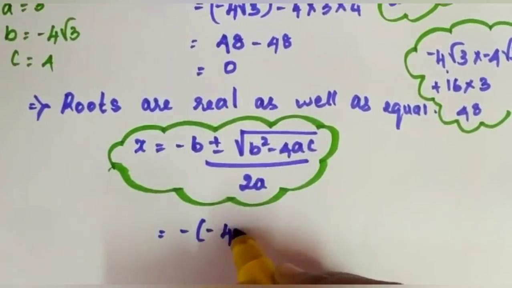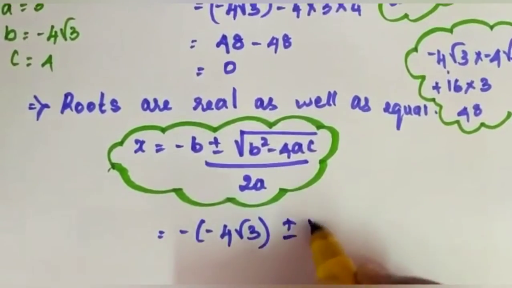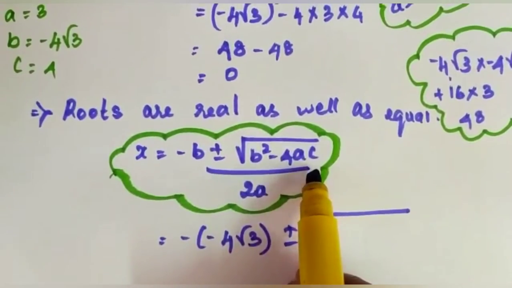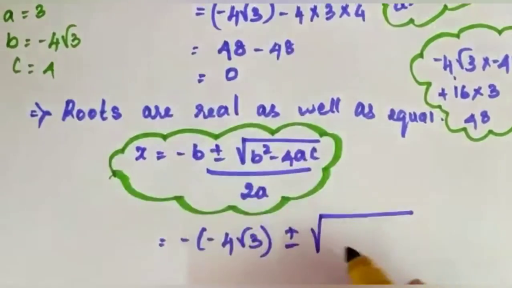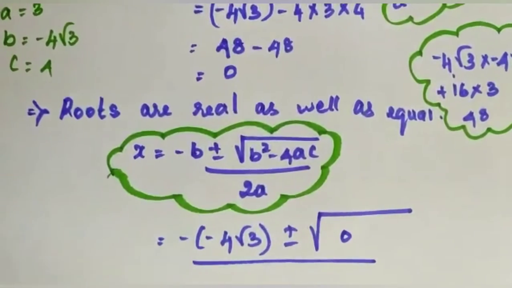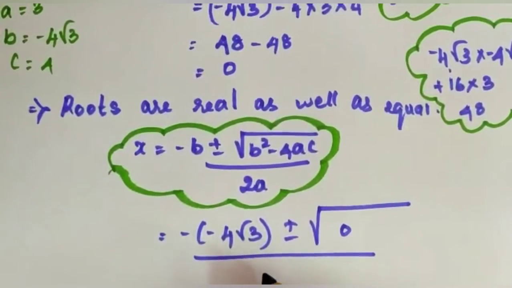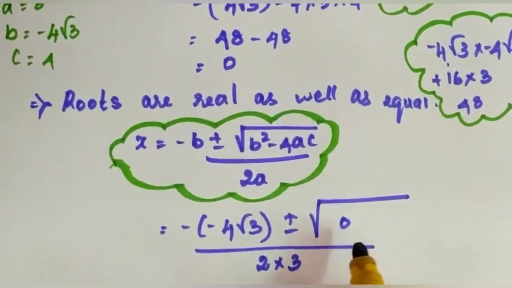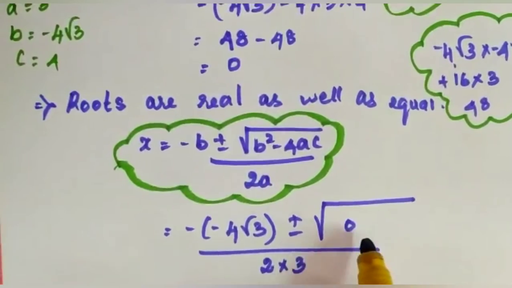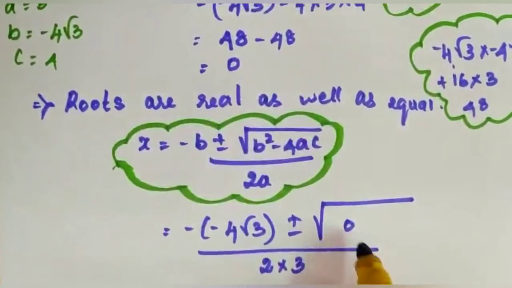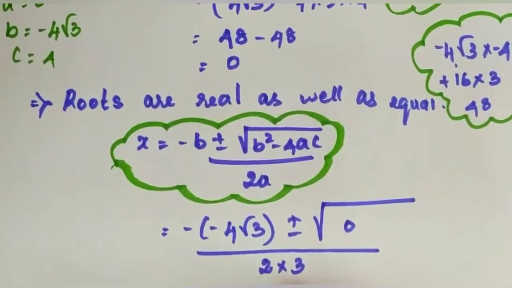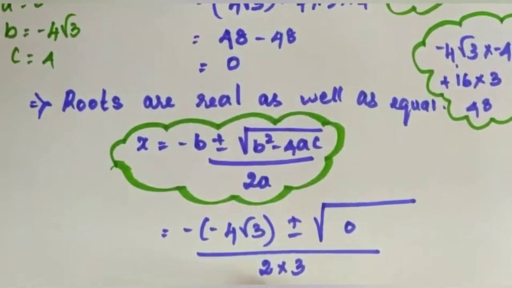Minus of minus 4 root 3 plus or minus the discriminant value, b square minus 4ac, which is 0, divided by 2 into 3. Minus into minus is plus: 4 root 3 plus or minus 0 divided by 6.